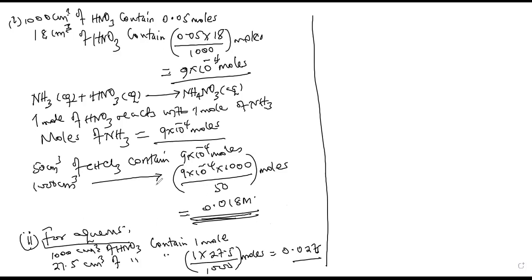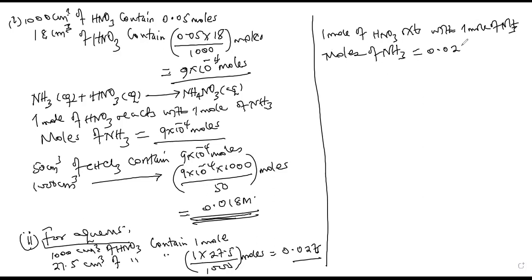So by mole reaction ratio, still 1 mole of nitric acid reacts with 1 mole of ammonia, implying that the moles of ammonia reacting are going to be 0.0275.